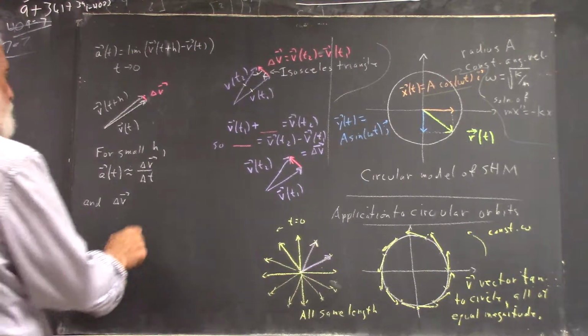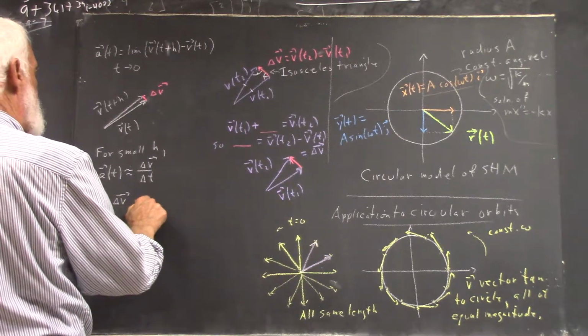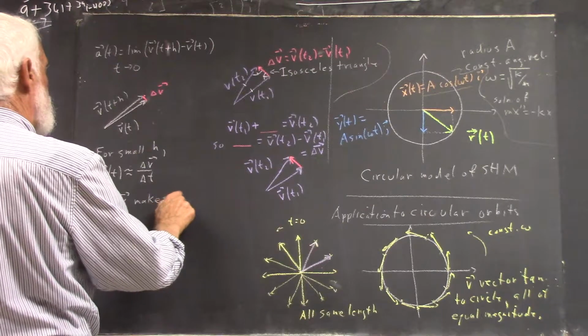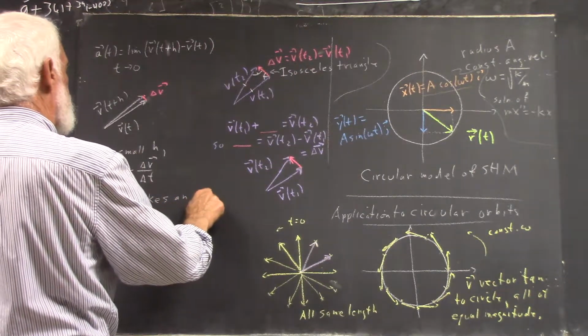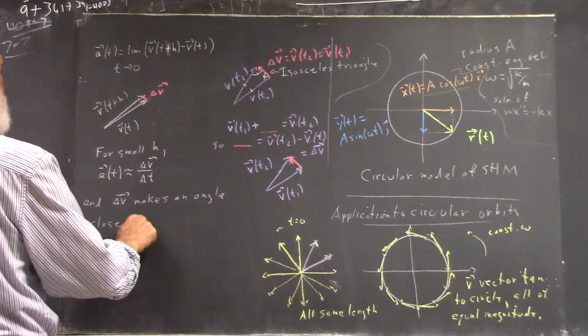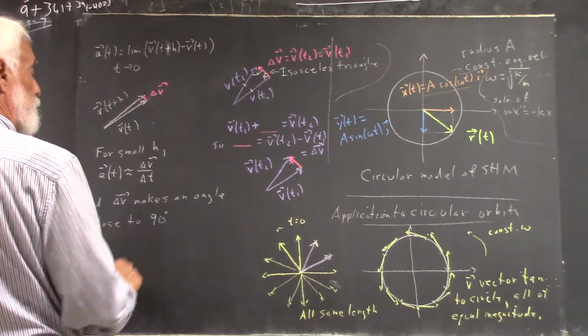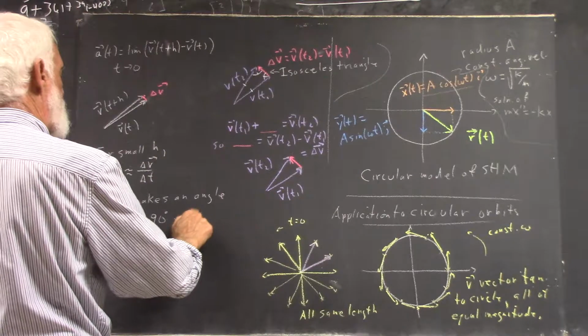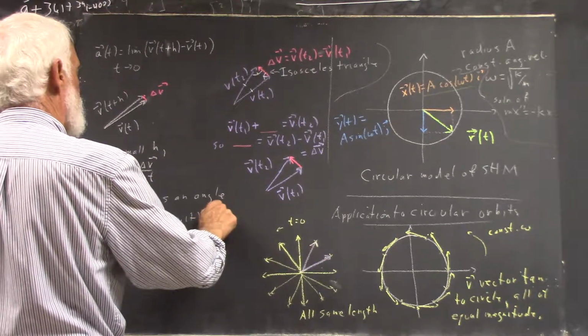And delta V makes an angle close to 90 degrees with V.